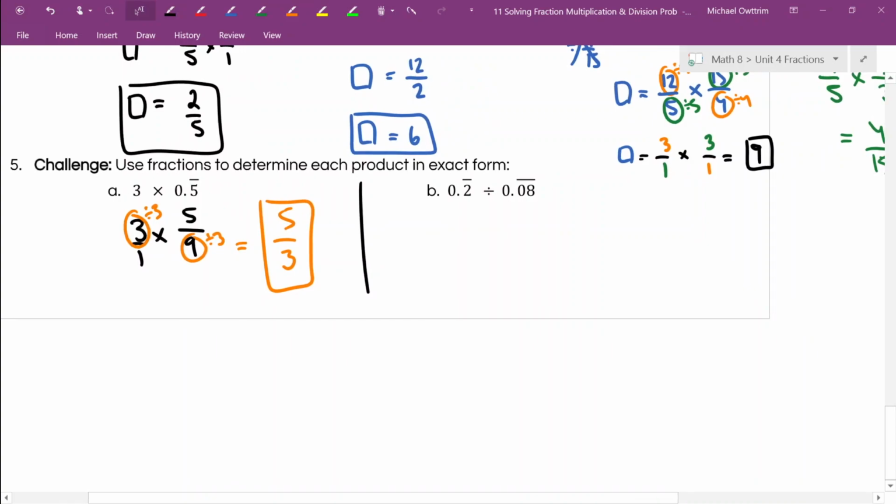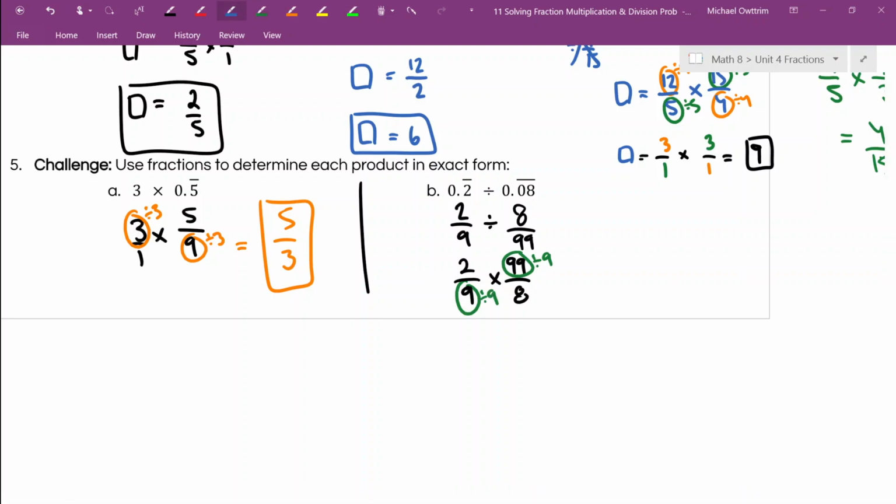In the case of 0.2 repeating, which is going to be 2 over 9, divided by 0.08 repeating, which is going to be 8 over 99, we're going to need to multiply by the reciprocal. So we're going to have 2 over 9 times 99 over 8. We're going to divide out some common factors, so let's divide out our common factor of 9 there, and our common factor of 2 here.